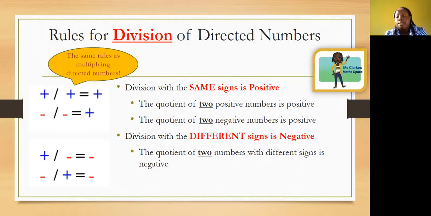So therefore it's positive. Likewise, if you have negative 8 divided by negative 2, the same sign, a negative and a negative, 8 divided by 2 is 4. So you're going to get the quotient of two negative numbers yielding a positive result.